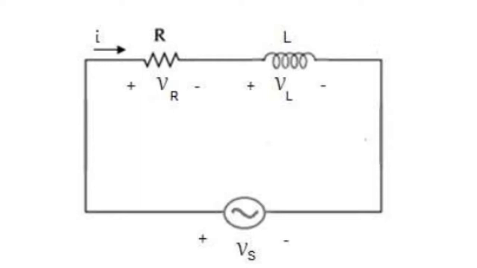There is a flow of AC current in the circuit, and this AC current results in a voltage VR across the resistor and a voltage VL across the inductor.